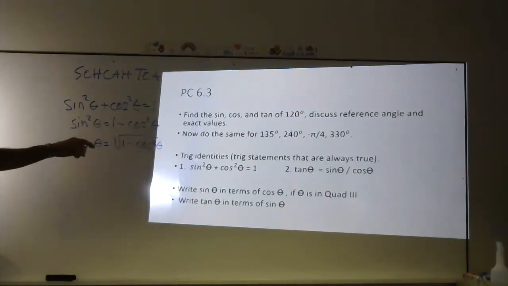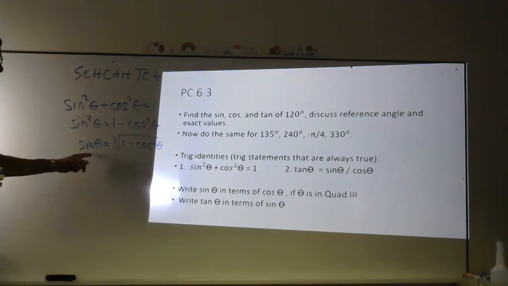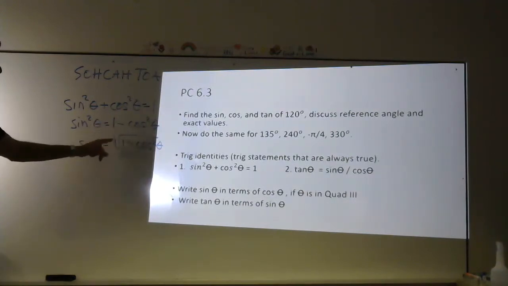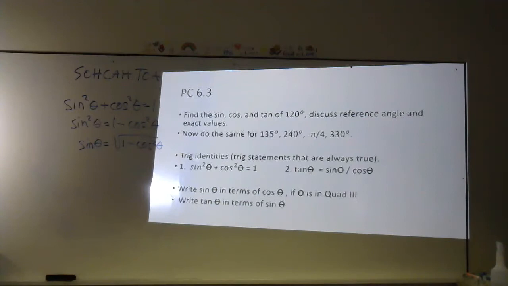But when you have x squared equals 25, isn't x equal to 5 or negative 5? So technically here, when I took the square root, this could be the positive or negative square root. But it says theta is in quadrant 3.